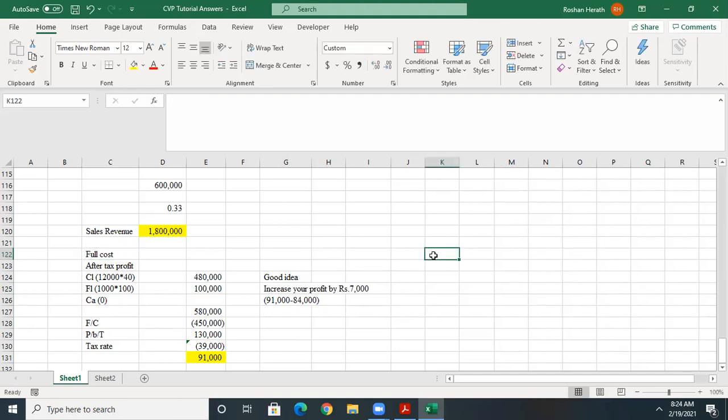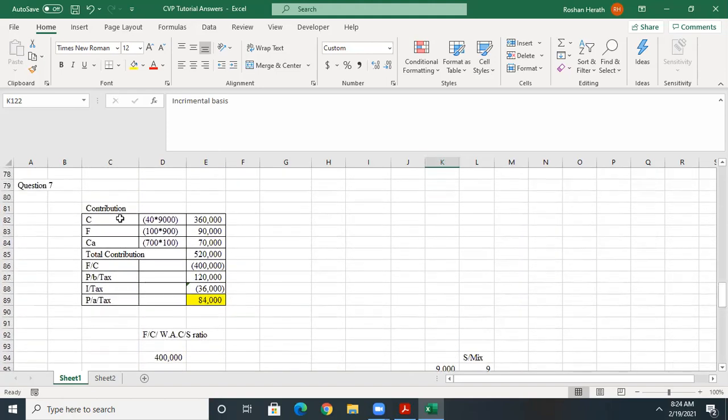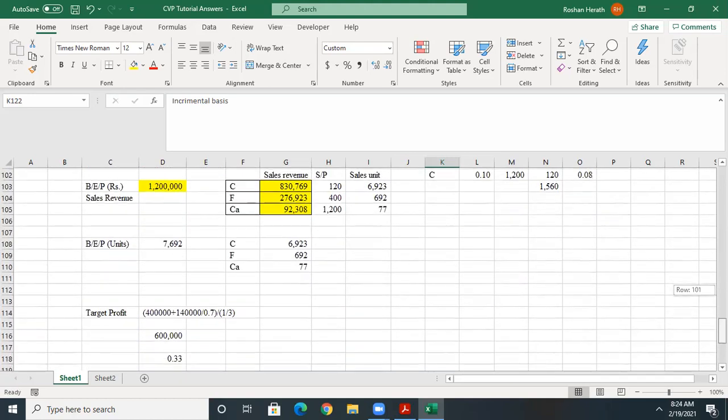The other method, what you could have done, is the incremental basis. In the case of the incremental basis, you are only considering the movement. So earlier you were producing 9,000 units of cleaning.